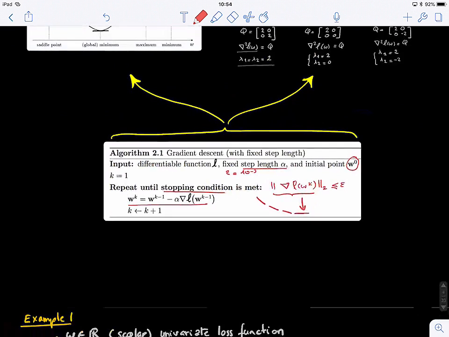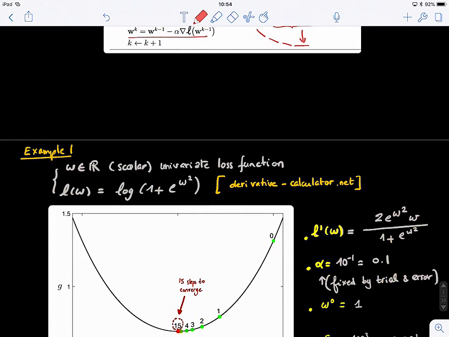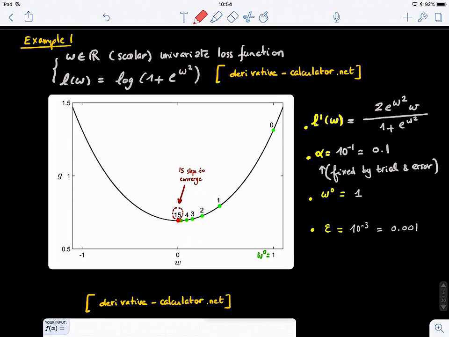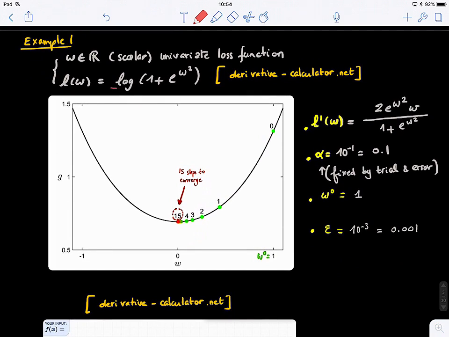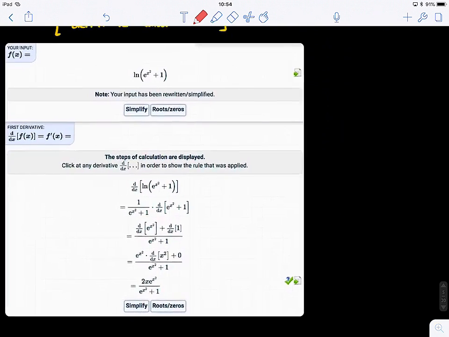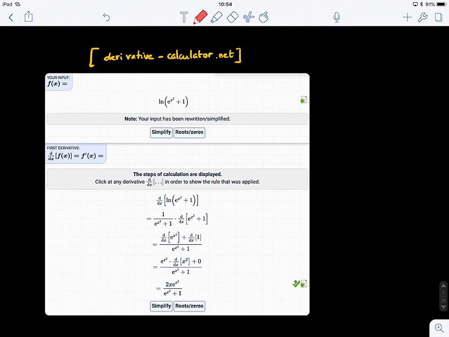Great, so today we're going to look at more examples quickly. So here is a plot of a function, log(1 + exp(w squared)), and there is a nice application online, and you guys can use it if you just want. If you're lazy to do the maths, but it's better to do the math by yourselves.